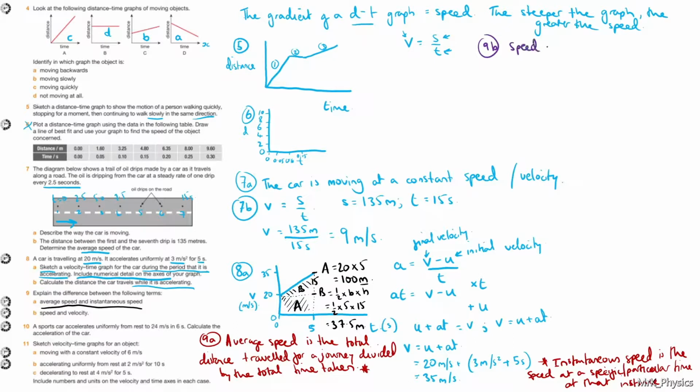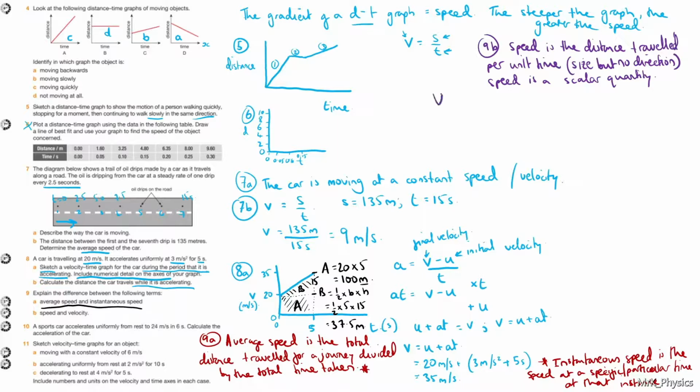Speed is the distance travelled per unit time, size, but no direction. This is a bit more info than you actually need to answer that question, but we might as well put it in. Speed is a scalar quantity.